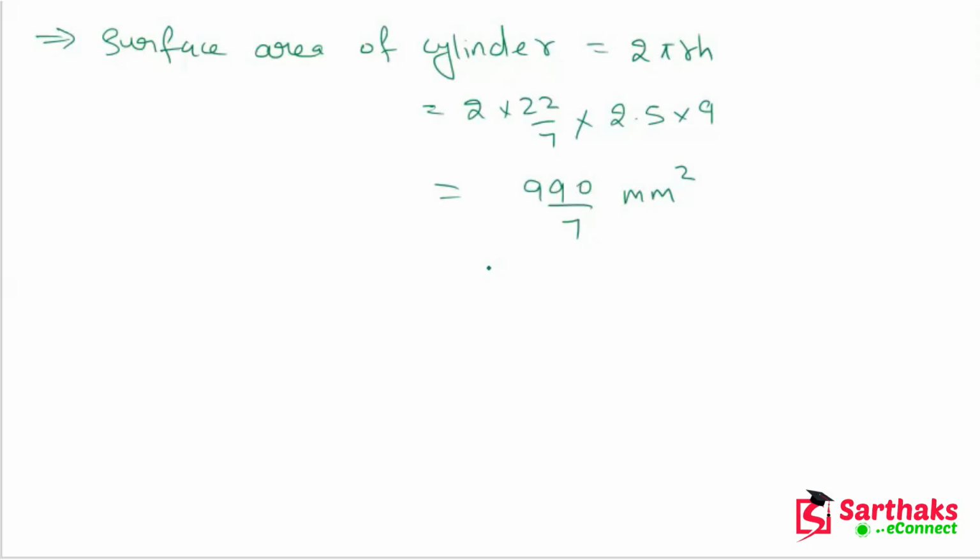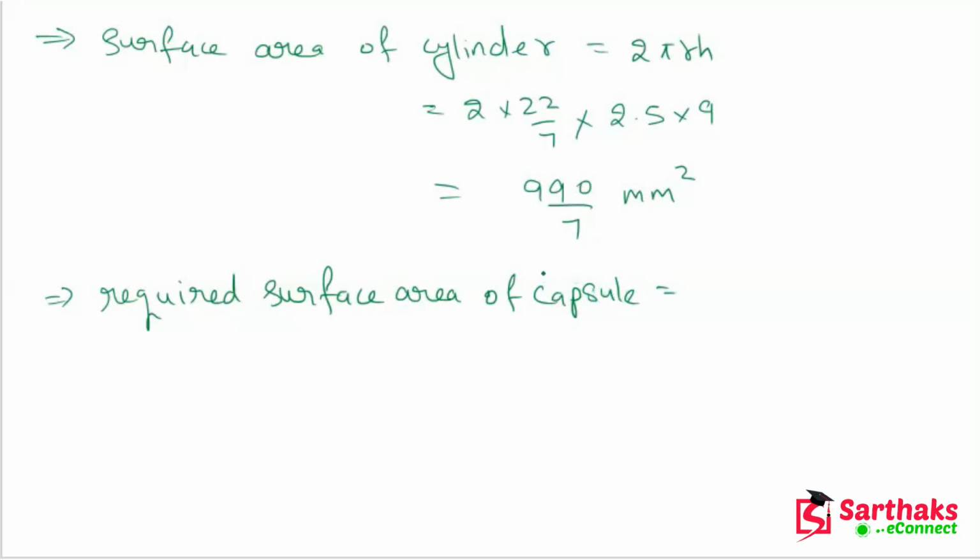So the required surface area of the capsule is equal to, now my dear friends, since we have two hemispheres, we have to multiply 2 times the CSA of the hemisphere, plus the CSA of the cylinder.